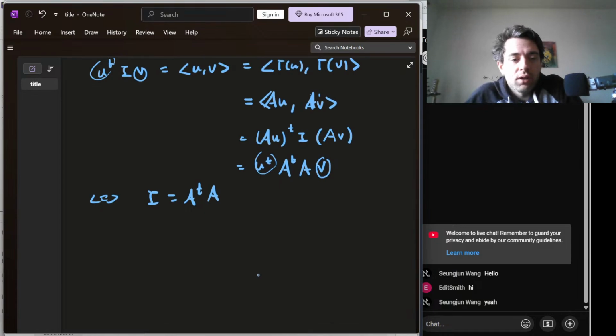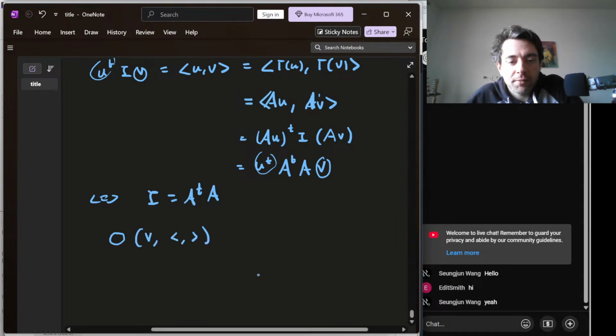So this is what we would call the orthogonal group, say, of the vector space and the pairing. And we can realize it in terms of matrices.